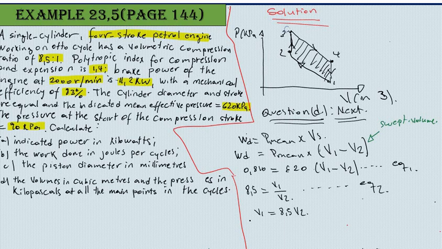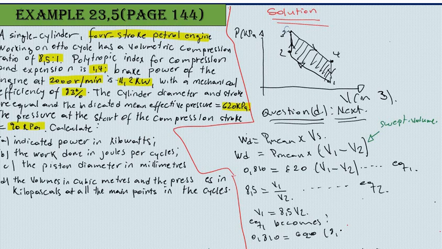So equation 1 becomes, I first copy the right hand side, and then I say it's equal to 620 multiplied by, so that is V1.